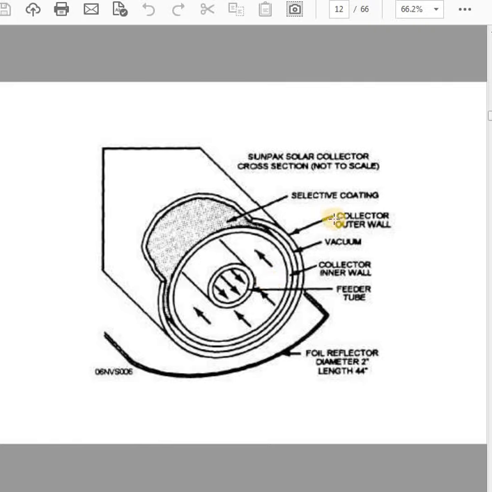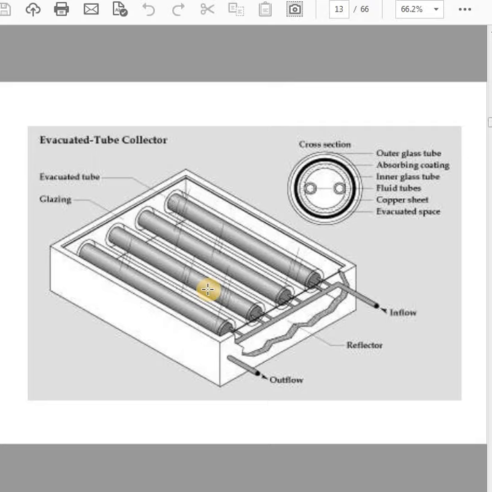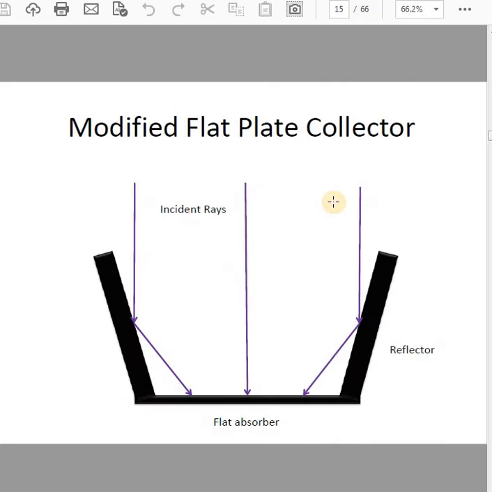These pipes have an outer glass coating, absorbing coating, inner glass tube, fluid tube, copper sheet and evacuated space, so that the water flowing through the tubes gets heated up.